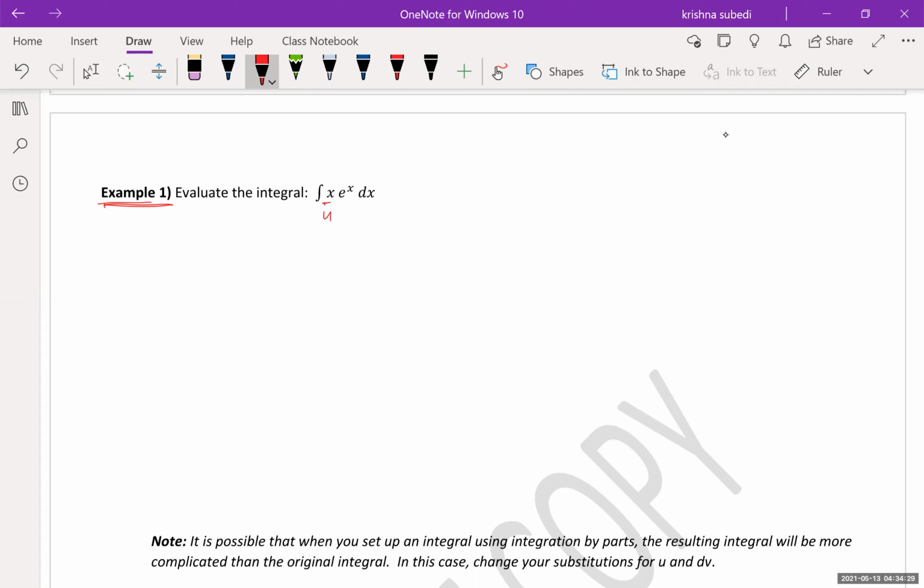This is your u, and the remaining part you can write as dv. It's the product of two functions. In this case, let us suppose that u equals x and dv equals e to the x dx.